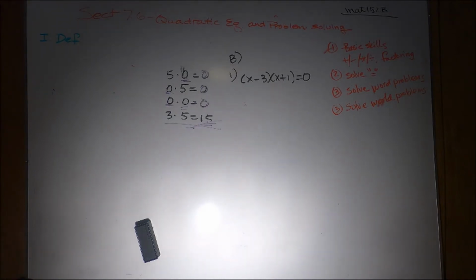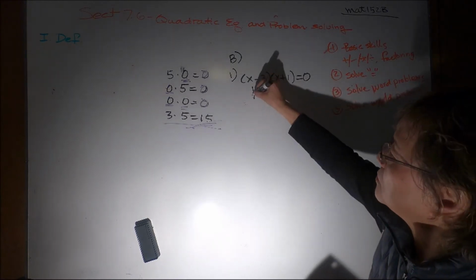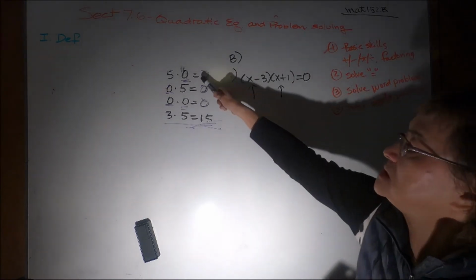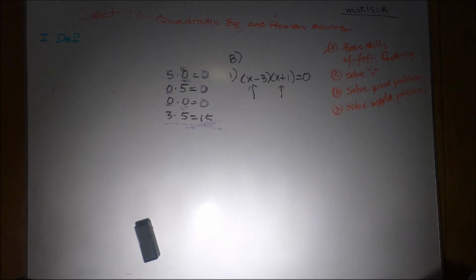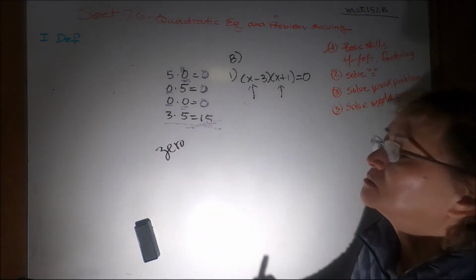So, the idea is, if I have a situation like this, that means 2 parts. One of them has to be 0 to be able to multiply together to be 0, right? We call it what? Zero product property.